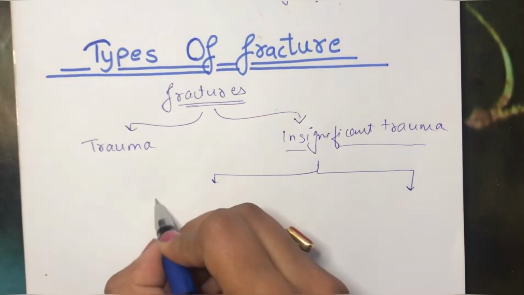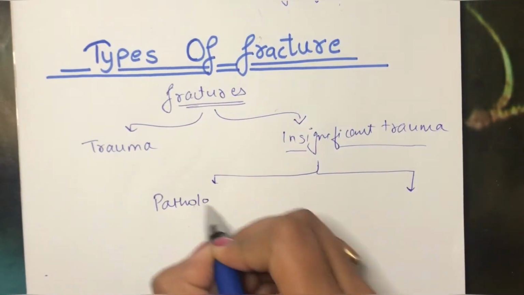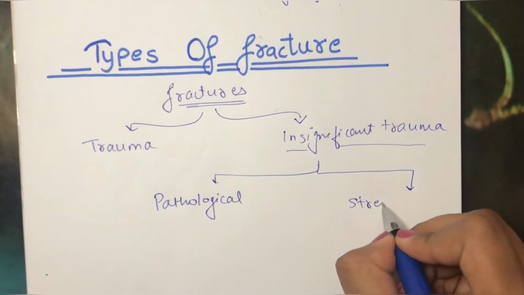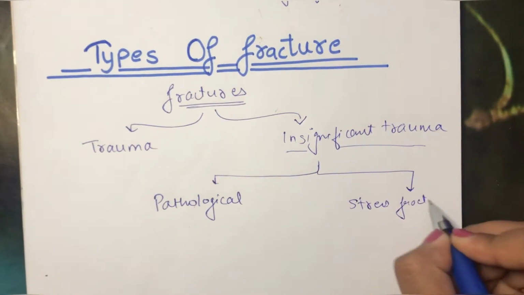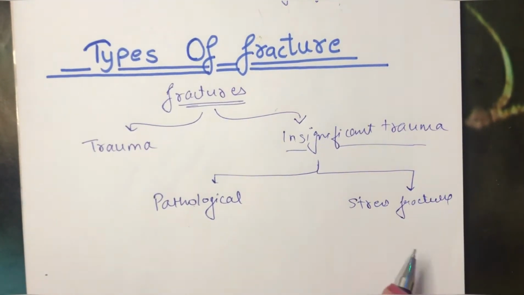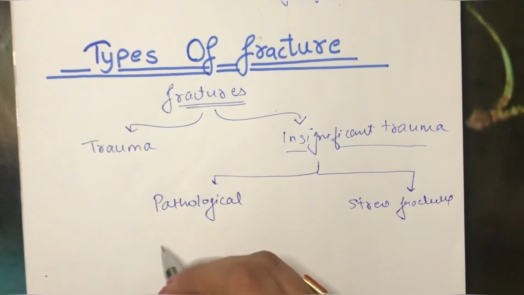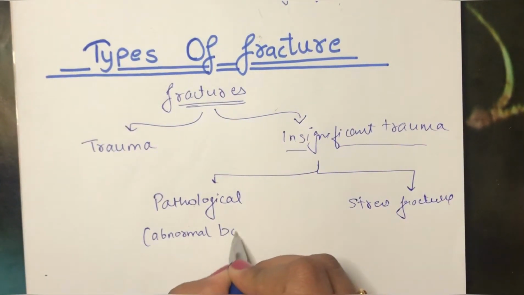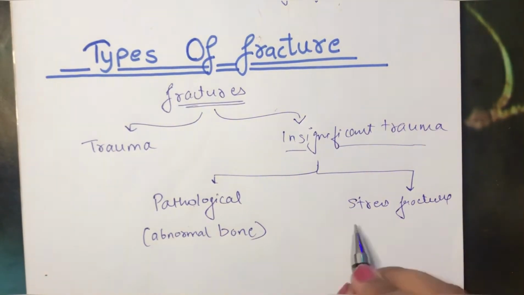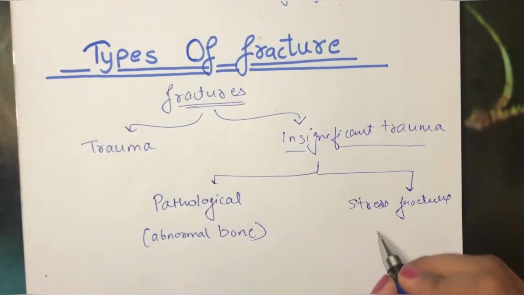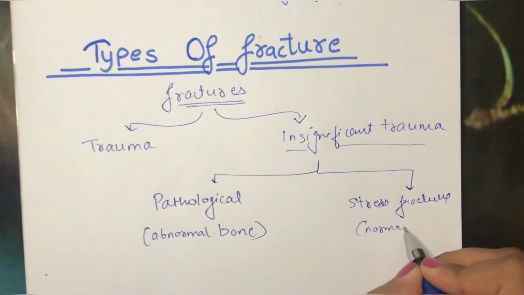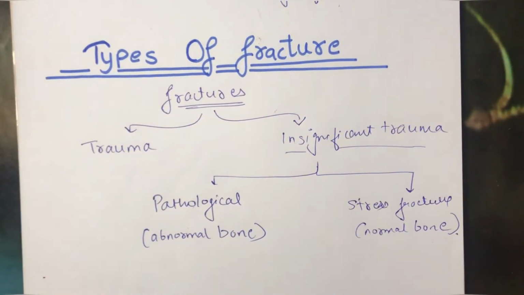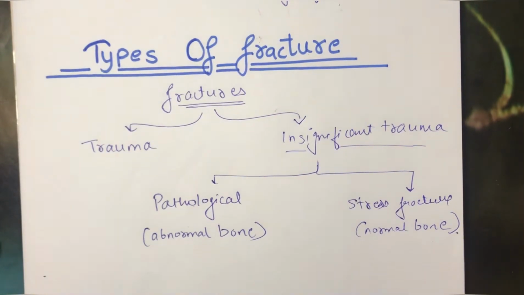The first is a pathological fracture and the next is a stress fracture. The basic difference between them is that in a pathological fracture there is always an abnormal bone, but in a stress fracture the bone is normal. There is no pathology, no defect in the bone. So this is a broad classification of the types of fractures.